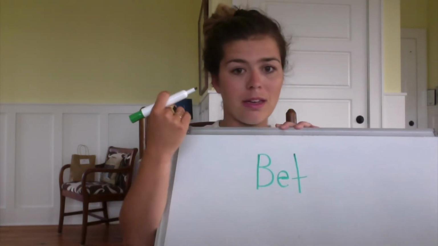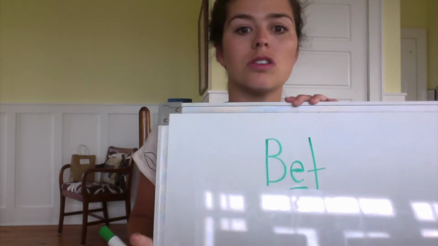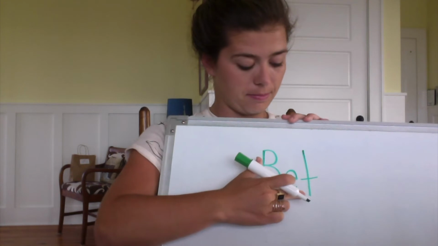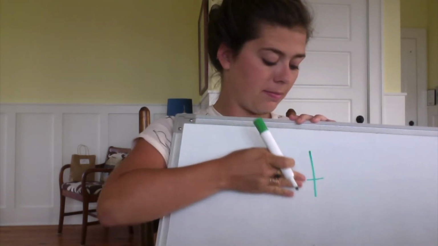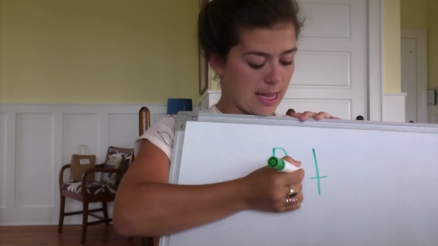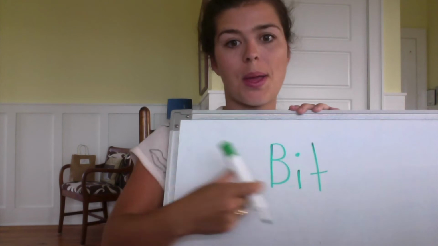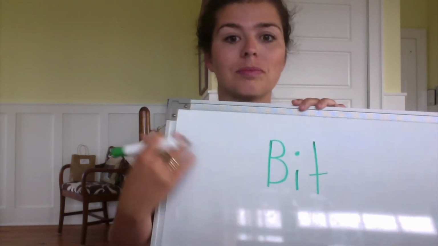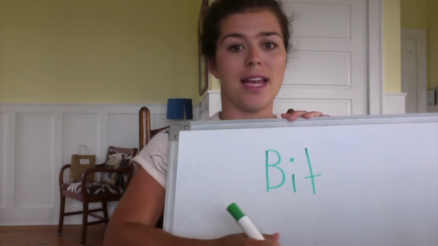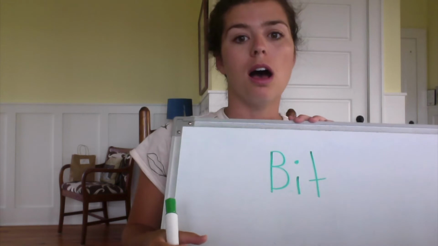And if we know how to spell bet, I want to change this middle sound to an I. What sound does I make? I. So I went from bet to bit. Good, friends. And if I know how to say bet and bit, let's change that middle sound again to an U sound.